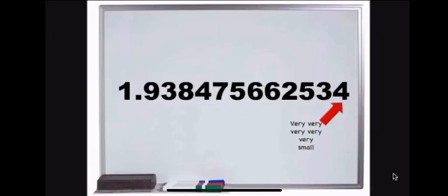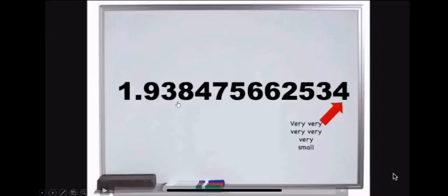So, in a decimal number, this is the decimal point, okay? We have 1 before the decimal point and so many numbers after the decimal point. Can we have more than 1 number after the decimal point? Yes, we can. We can have many numbers after the decimal point.